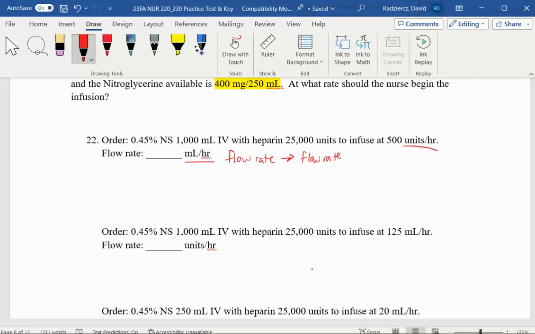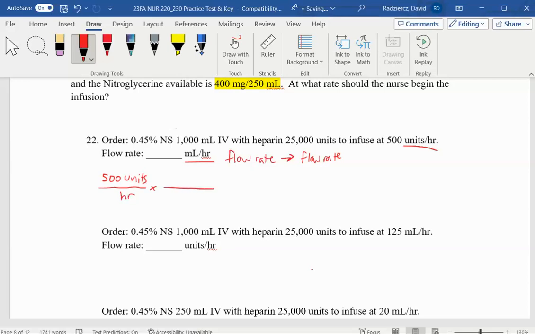Also, what I'm showing you heparin infusion wise is the same thing as insulin infusion. It's the same steps that are involved. So I'm going to take my initial flow rate of 500 units per hour, and I want to convert that units per hour to milliliters per hour.